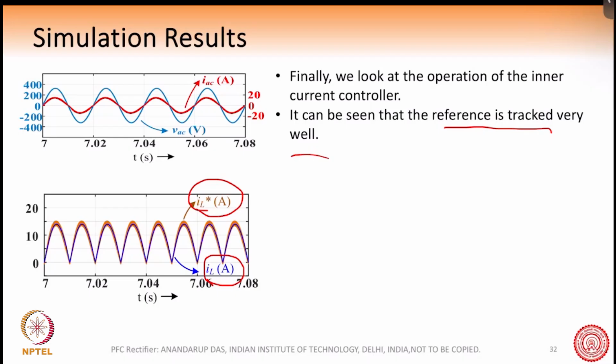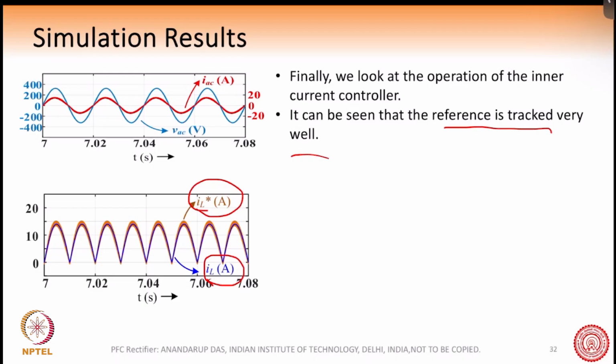Hysteresis current control is very popular, but average current control gives better performance, and we have seen how to model the system from the control perspective. Once we model the whole plant, we can design the PI controllers, and the designing can be done using Bode plots.